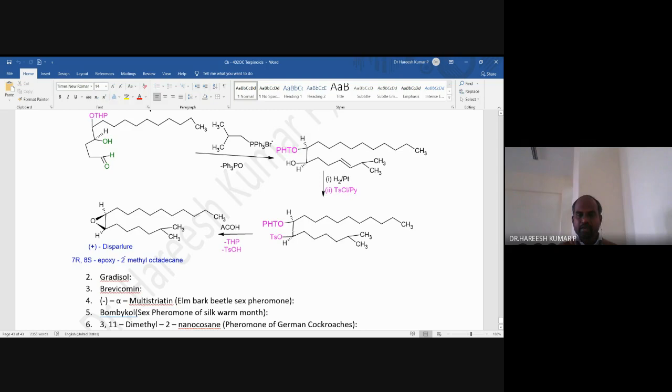The lone pair present on this oxygen will attack this carbon and the tosylate goes, and that is how epoxide is obtained, and this is the structure of Disparlure. More particularly, this is the stereospecific synthesis of Disparlure.